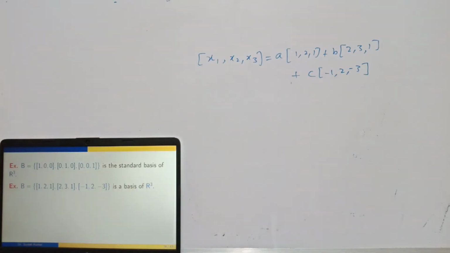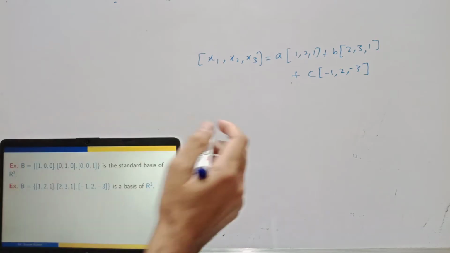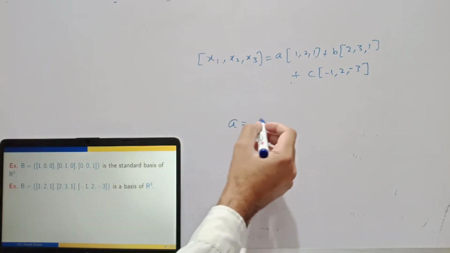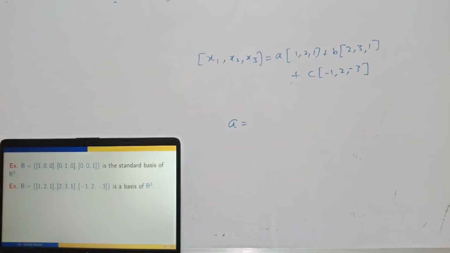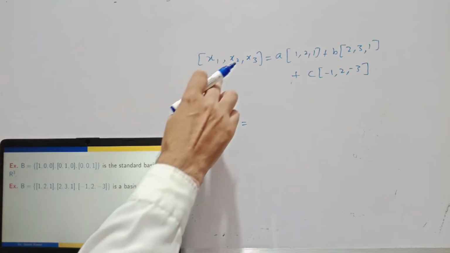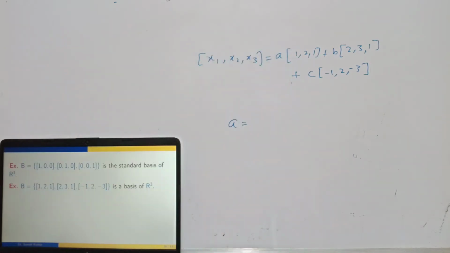You have three equations in a, b, c. Solve those equations for a, b, c. If you get unique values of a, b, c in terms of x1, x2, x3, that means this vector can be written as linear combination of these three vectors. You will do this exercise yourself. You will find that this set B spans R3. Okay, so it is linearly independent as well as it spans R3, so it is a basis.